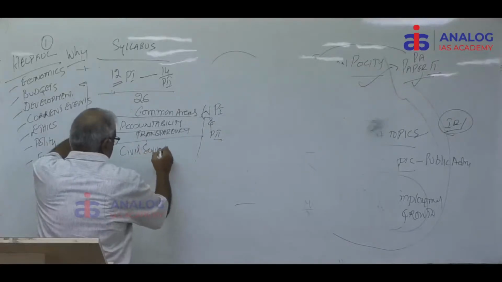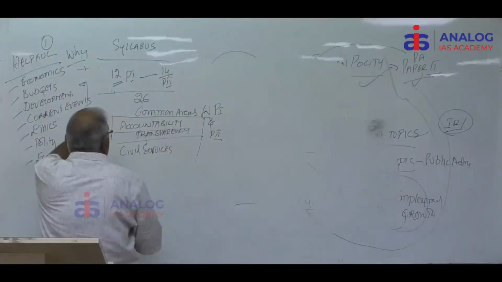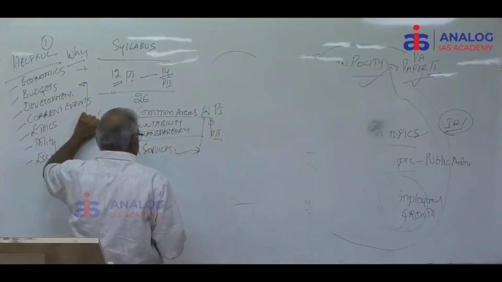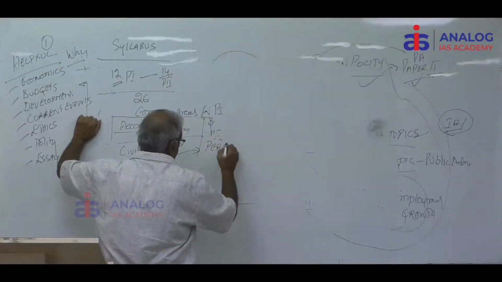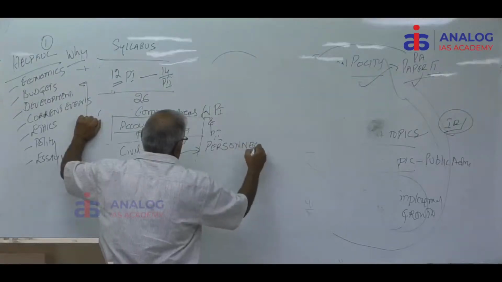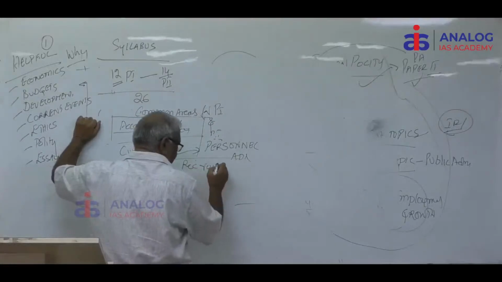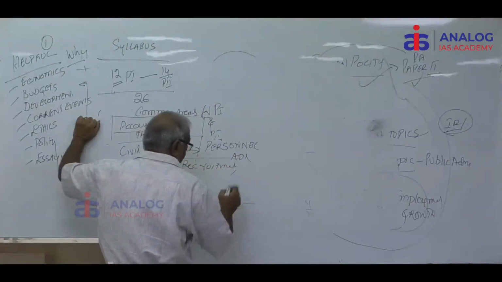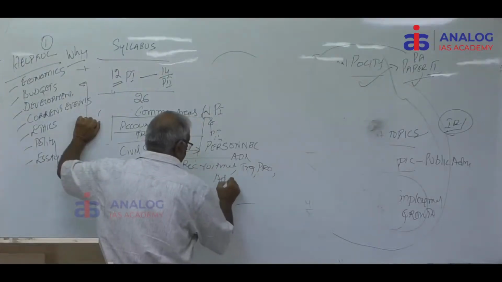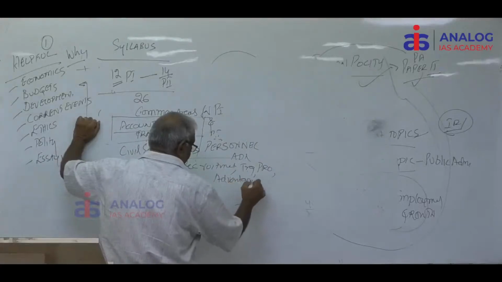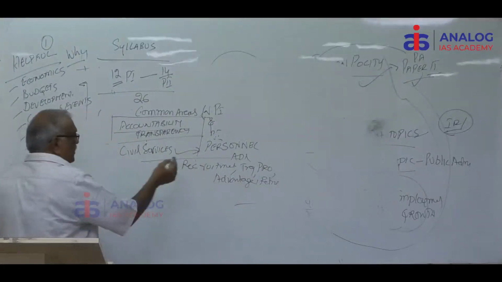There is a specific topic in paper 2 about civil services, and this topic overlaps with what is called personnel administration in paper 1, where you deal with the process of recruitment, how your training goes on, how your promotion systems work, what the advantages are at the time of retirement, etc. Both are there in it.